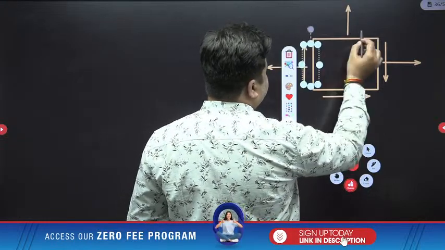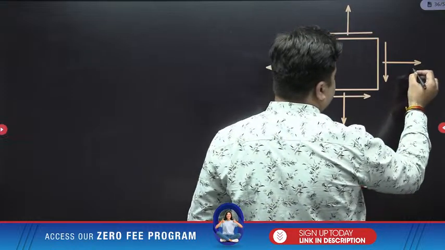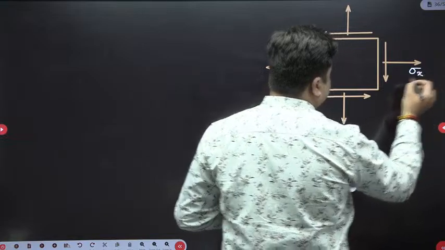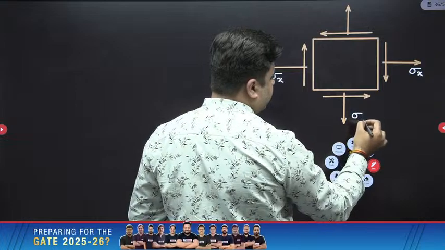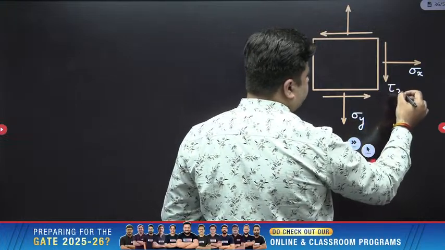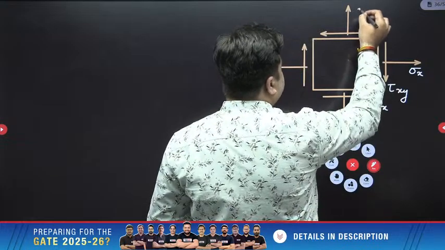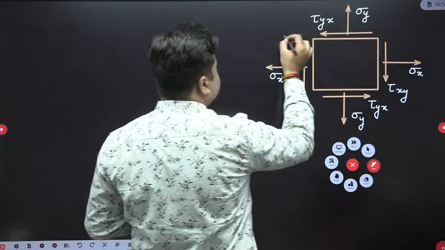This is sigma x, sigma x, sigma y, this is tau xy, this is tau yx, this is sigma y, this is tau yx, this is tau xy.